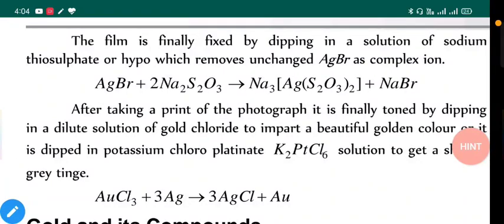So AuCl3 plus 3Ag gives 3AgCl and Au. Again this reaction represents that gold is more stable than silver. If we check the reduction potential of gold, it is even higher than silver. So gold has more tendency to reduce itself than silver.